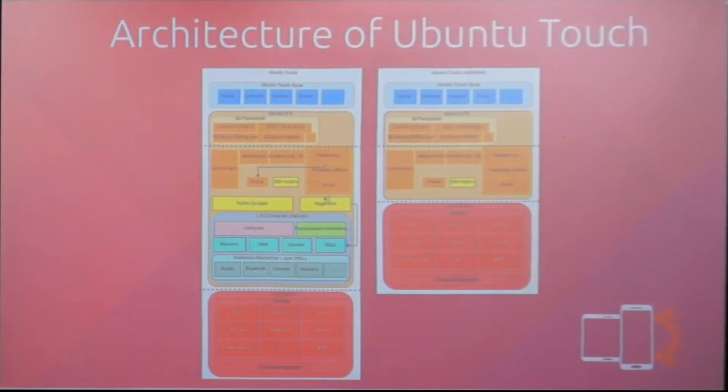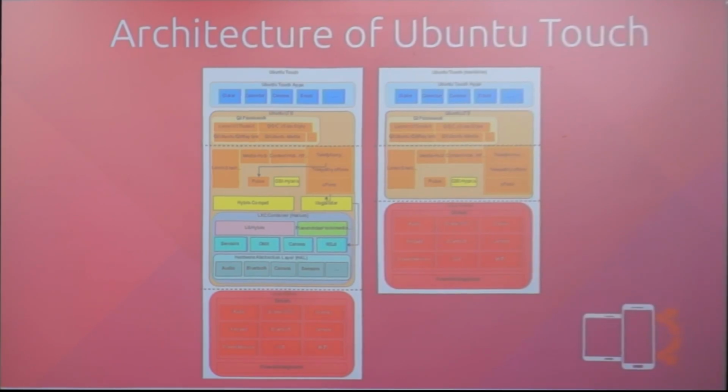Right. So, first of all, apologies for the small image, because we have quite a bit of detail in this image. On the top we have the applications running, and these applications are confined, they have their own sandbox, similar to Android.